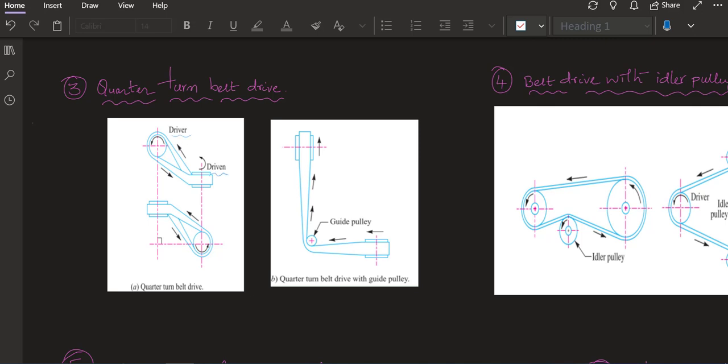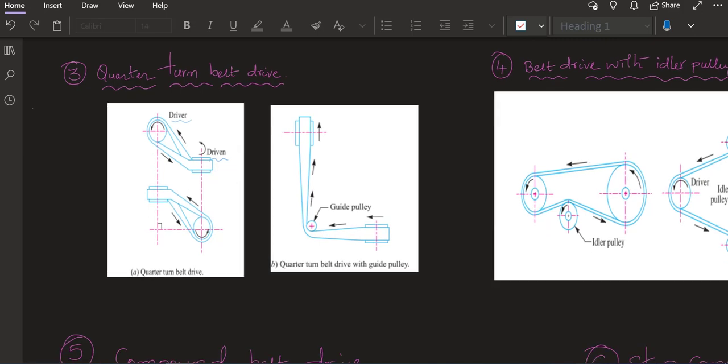Here you can see the driver pulley and the driven pulley are perpendicular to each other. If we say this is the driver pulley and this one is the driven pulley, these two are at an angle of 90 degrees.